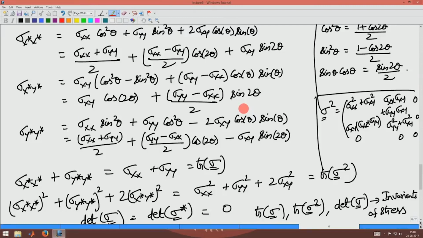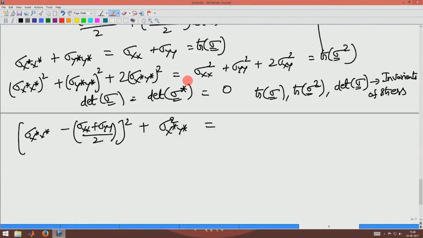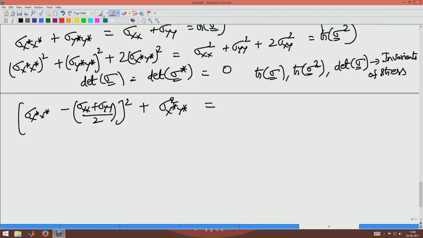You can see that it is cos square plus sin square theta, so that will be 1 if I square them, and the 2ab term will get cancelled because one is the negative of the other. Okay. I will leave the algebra for you to do. You will find that this is nothing but sigma xx minus sigma yy by 2 the whole squared plus sigma xy squared.